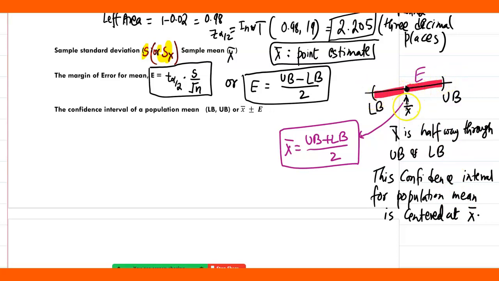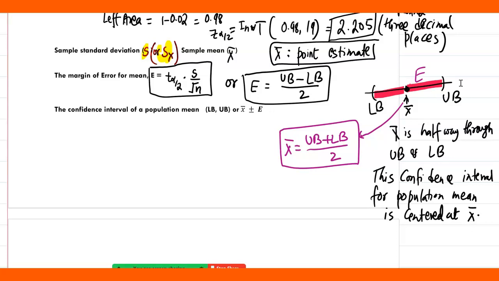It could be bigger than x bar, could be smaller than x bar, but it's going to be in that interval. In other words, we can estimate the population mean, and we say the population mean is in between these two numbers, lower bound and upper bound. Okay, now we construct the confidence interval using either the formula or the calculator function. I'm going to do both. Let's do the formula first.